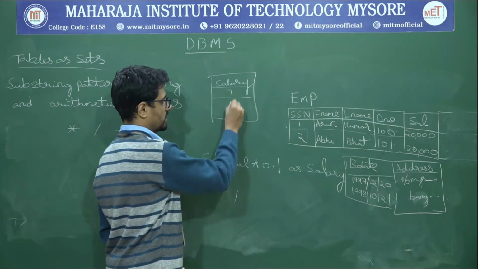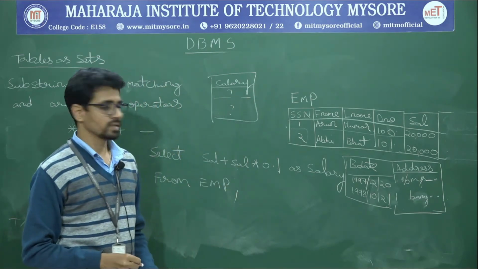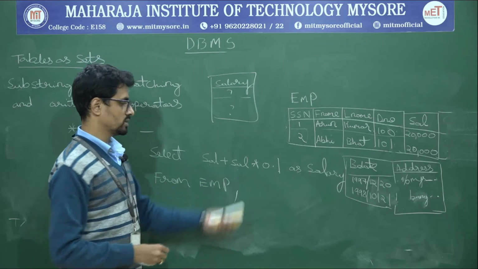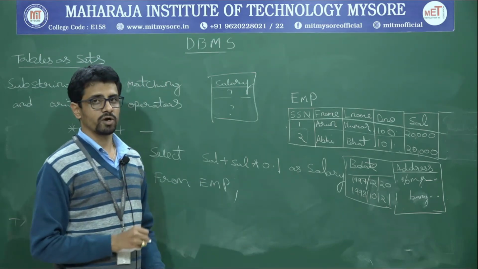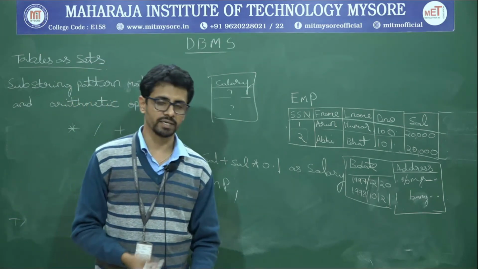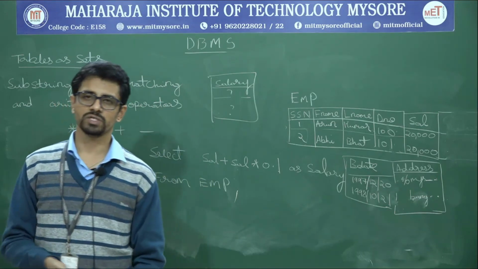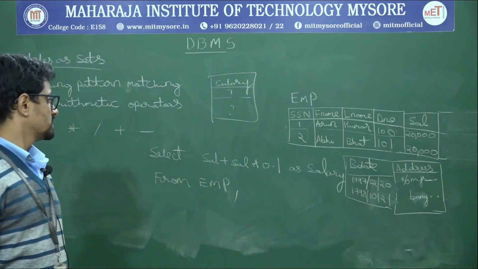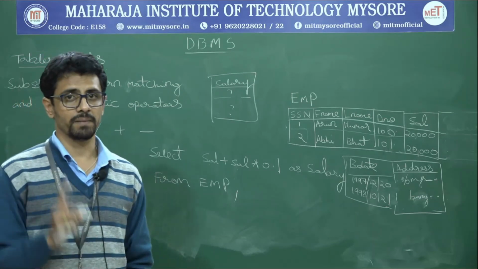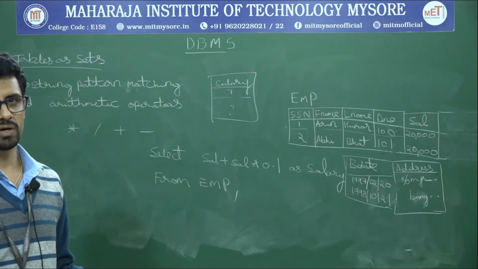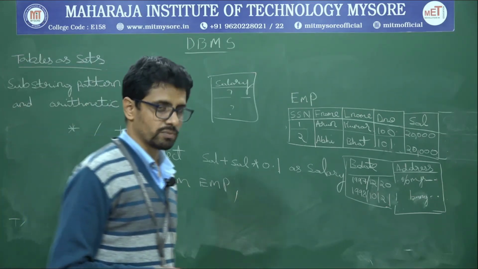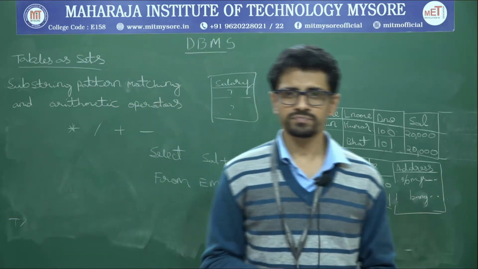So these are the arithmetic operators which can be used in writing queries. In the same way we can use division as well as subtraction whenever required with type compatible attributes, because salary was an integer or a real type, so I was able to use it in the query there.